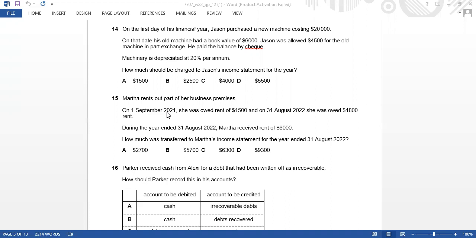So on 1st September 2021, on the balance brought down, she was owed rent of 1,500. That means it is an asset. The 1,500 will come under the rent account, so in the rent account there will be a debit of 1,500.